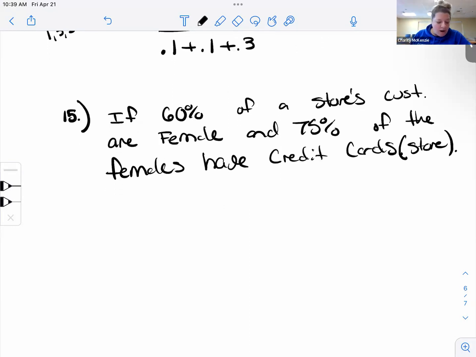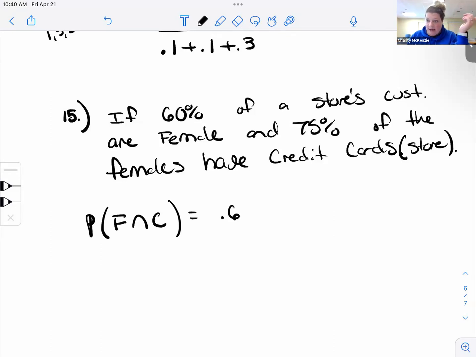Okay, so what is the probability that you have a female who has the credit card? Okay, so that's the symbols for it. That you walk in and the female has a store credit card. So you have to be first female, and then you have to be having that credit card. So the probability of being a female is 60%.